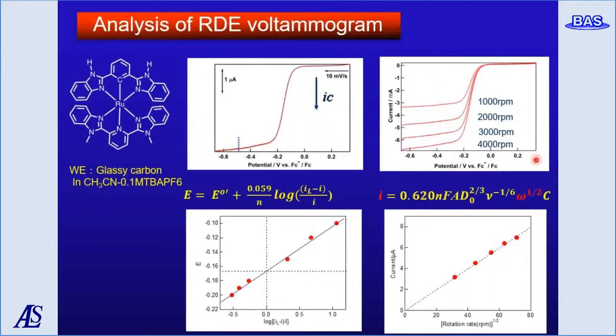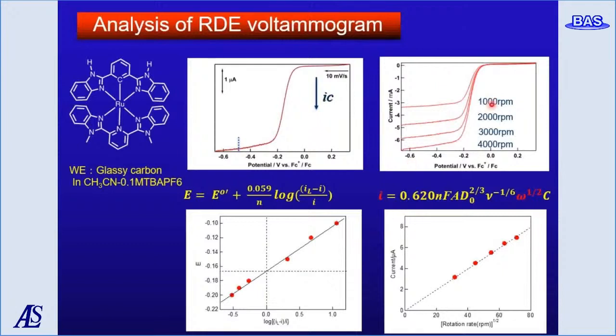From the voltammogram, we can read the limiting current value, IL, read the current value on the curves and the potential at that point, read several points on the curve in the same way, substitute the potential E and the current value I in the Nernst equation, and plot them. Take the potential on the y-axis and the logarithm of the ratio of the current values on the x-axis, and find the half-wave potential E0 from the intercept of the line.